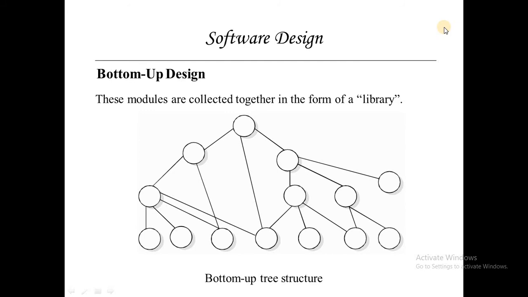So bottom up approach means when we have individual parts of the system, we can get the system by linking or combining the individual parts. So it means by combining the sub modules we can get the major modules.